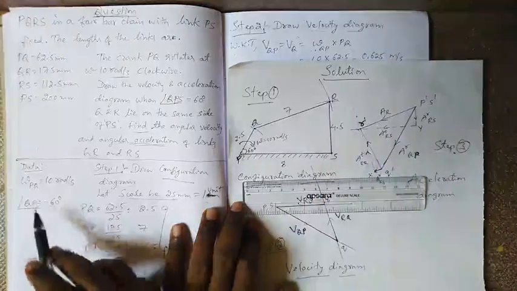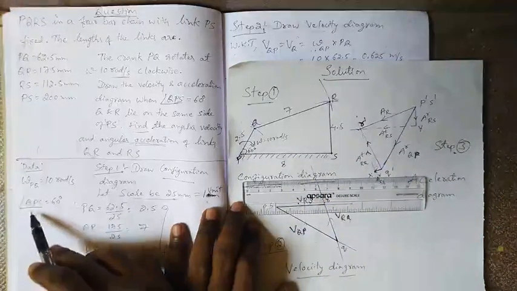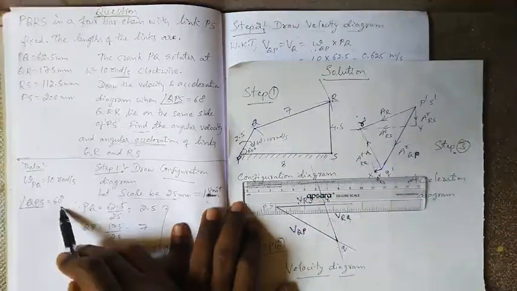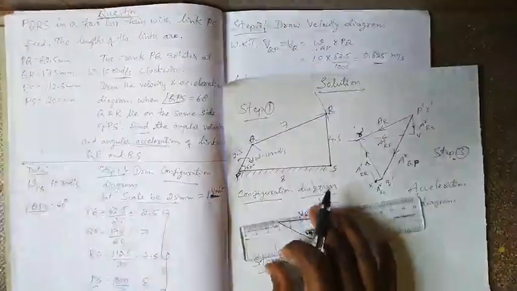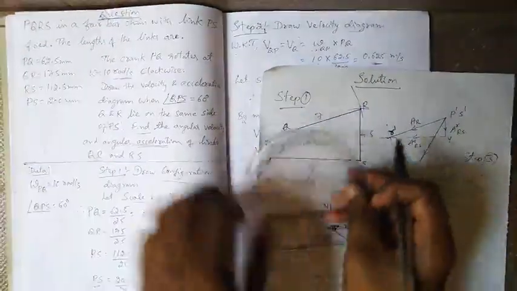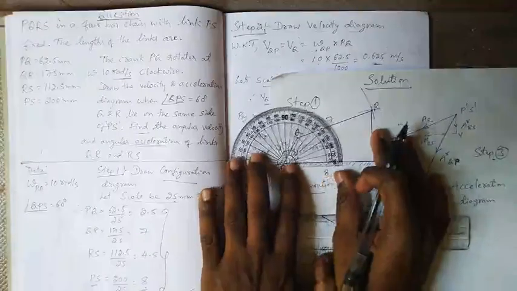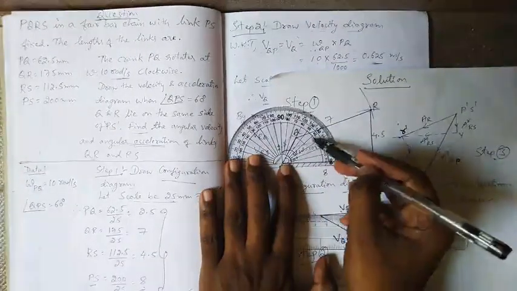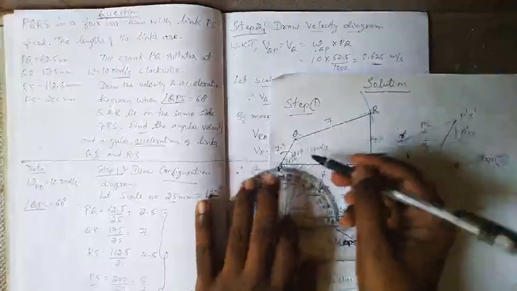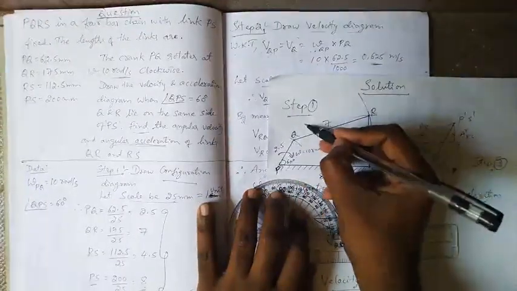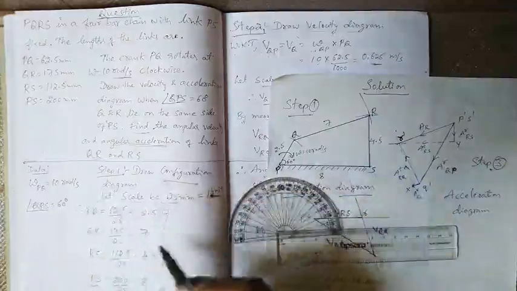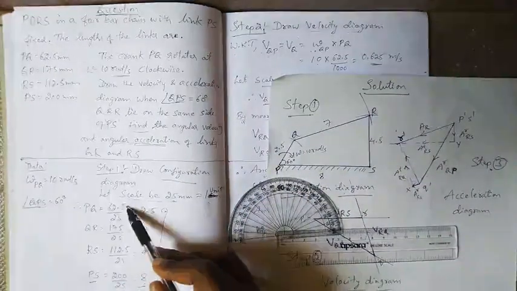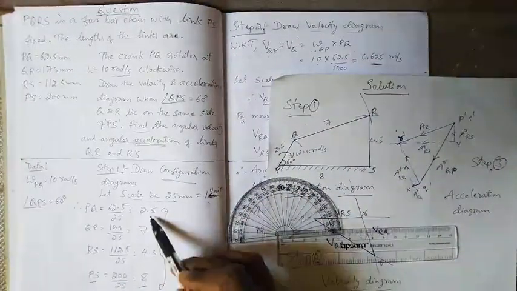Then angle QPS is given as 60 degrees. So take a protractor and measure 60 degrees: 10, 20, 30, 40, 50, 60, and draw a line of certain length. In the problem, PQ is 62.5 divided by scale 25, that is 2.5.